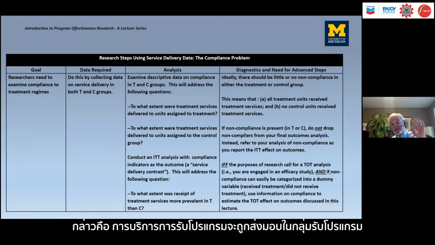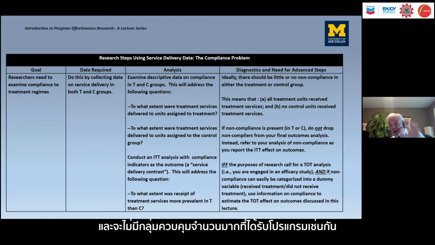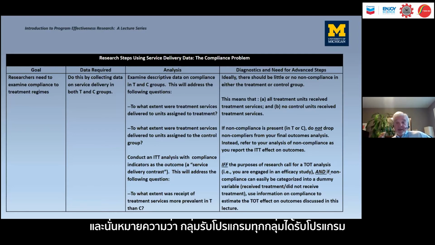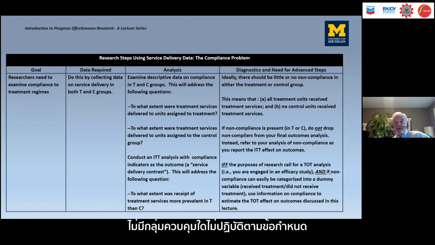That is, treatment services will be delivered in the treatment group, and you won't have a lot of control group members that are also getting treated. That means all treatment groups got the treatment, no control groups did, and you have no non-compliance. If you have no non-compliance, the ITT effect is very serviceable, and there's no need for more complex analysis.